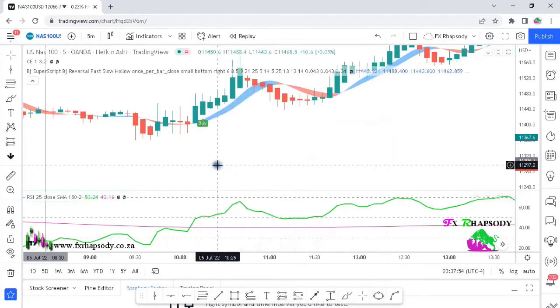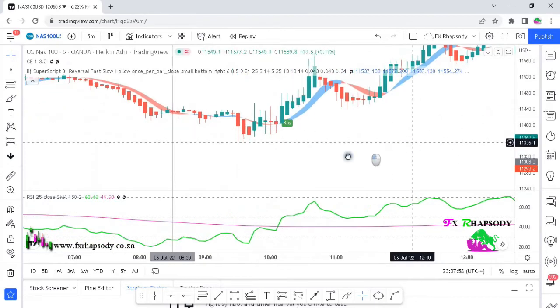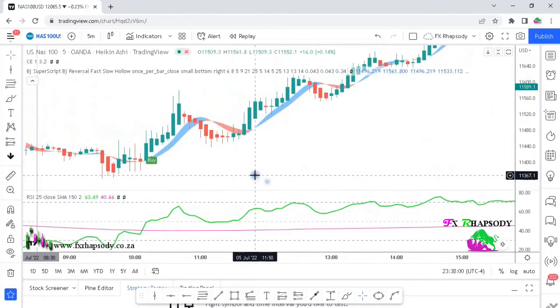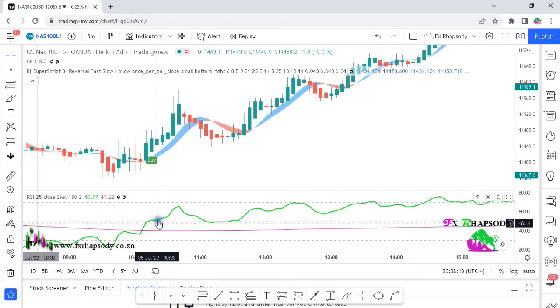Okay, so now we've got the 3 indicators intact. So how it works is, again, as soon as the buy signal appears and it's above the blue, and then if the green line is above the pink line, then for me, that signal is valid.